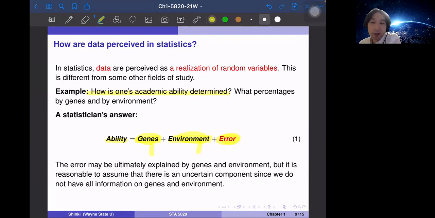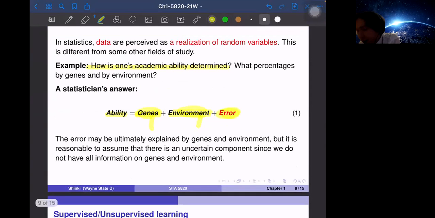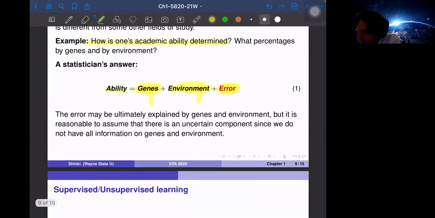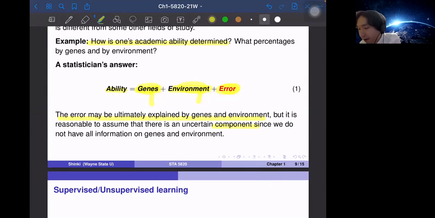Maybe this is not a scientific way of thinking, but this is how statisticians deal with the data. Statisticians deal with phenomena in the real world. So error may be ultimately explained by genes and environments, but it is reasonable to assume that there is an uncertain component, since we don't have all the information on genes and environment.